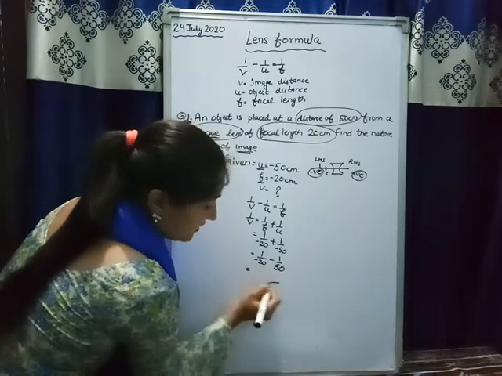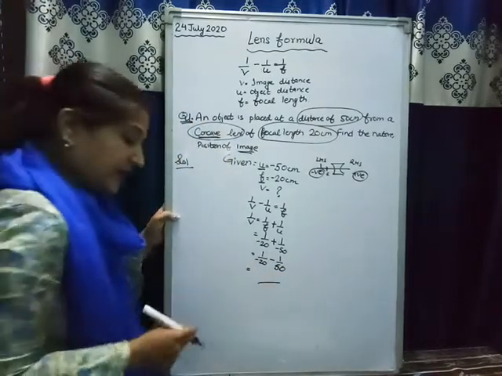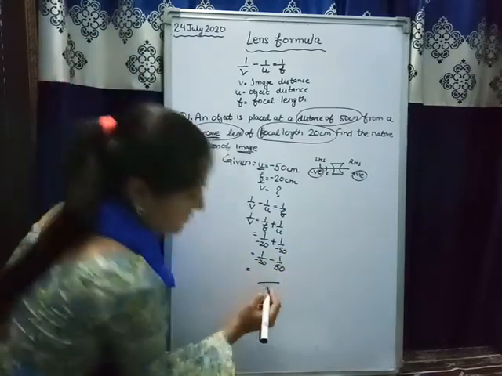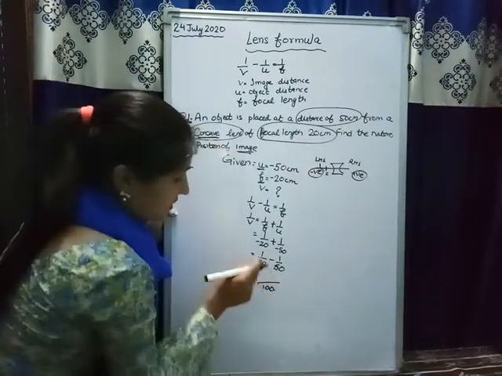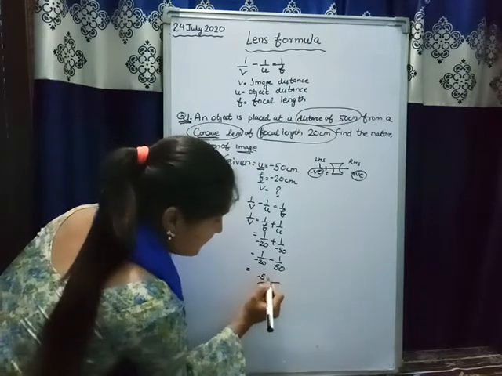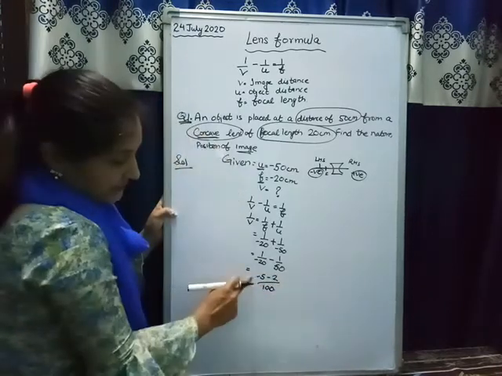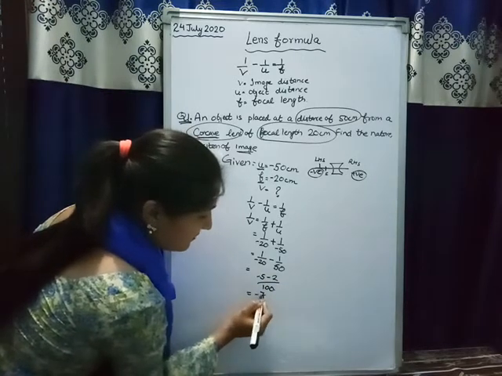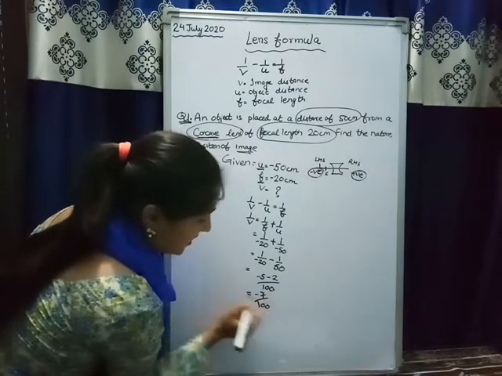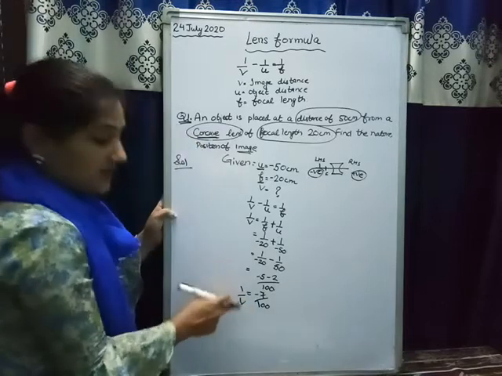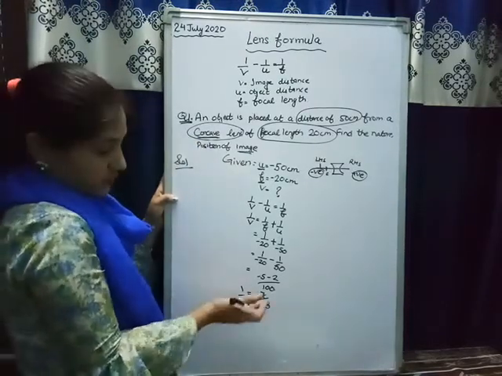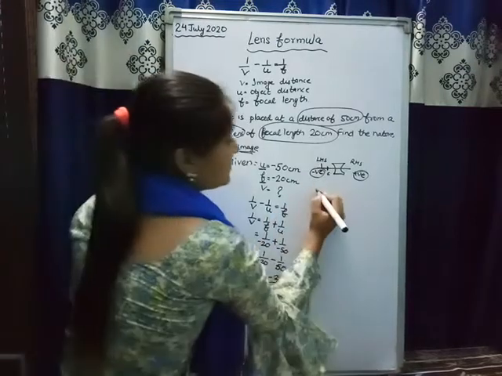1 upon 50. Now take the LCM of 20 and 50. What is the LCM of 20 and 50? 100. Very good. Now if we solve it, minus 5 minus 2. Minus and minus become plus, but the sign is minus. Minus 7 upon 100. This is the value of 1 upon V. Now we want to find the value of V, so we will invert it.